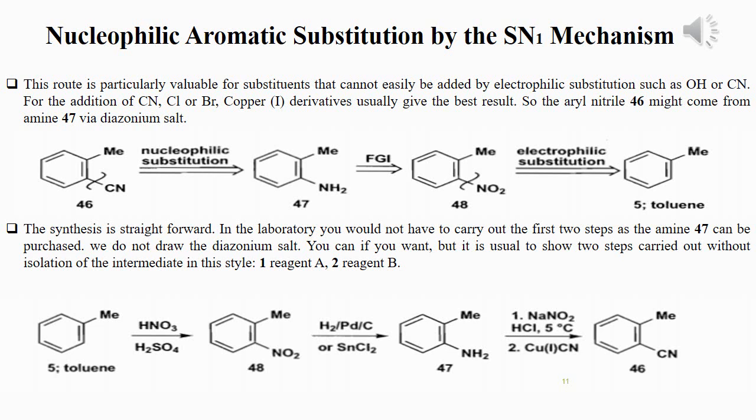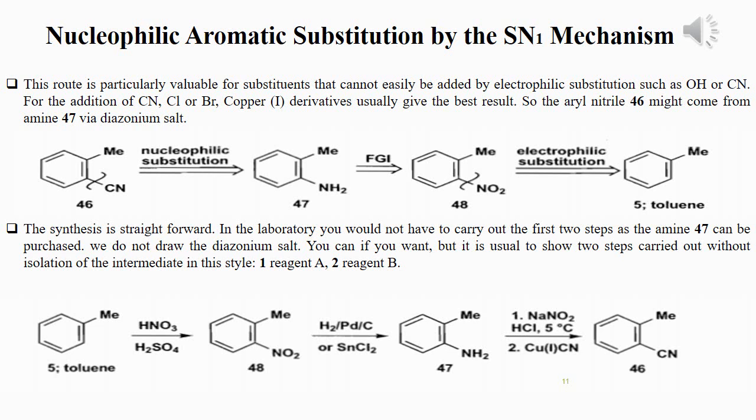For the addition of cyanide, chloro, and bromo, cuprous derivatives usually give the best result. So the aryl nitrile 46 might come from amine 47 via diazotization.